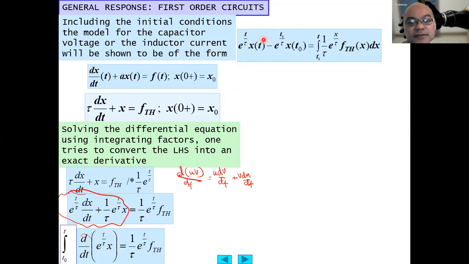Evaluated from t0 to t, it becomes exponent t over tau x(t) minus exponent t0 over tau x(t0), because the lower limit is t0, equals the integral from t0 until t of 1 over tau exponent x over tau f(x) dx. So now we change the variable to x because we have put t in the upper and lower boundaries of the integral.